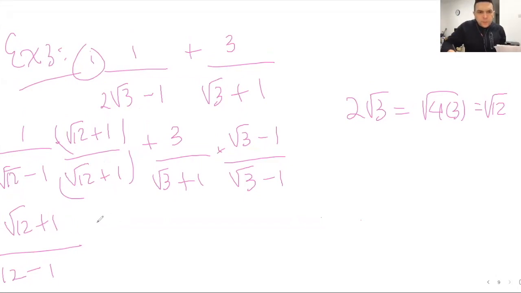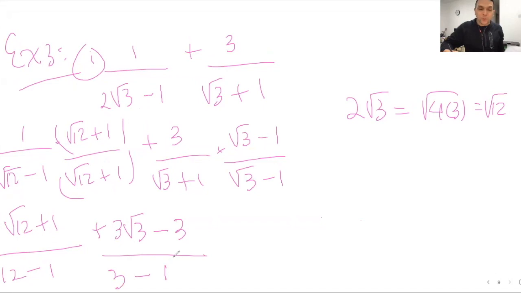And then here we're going to get 3 times the square root of 3 minus 3 divided by, again, this one squared is just 3 minus 1 squared, which is just 1, right?